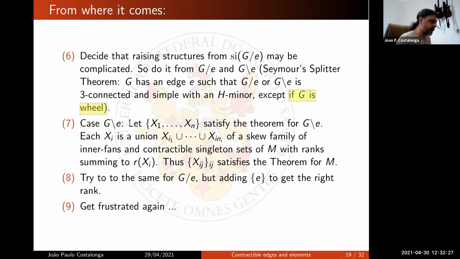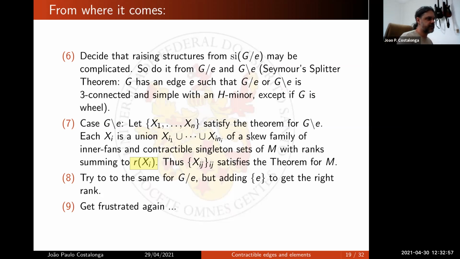And in the case that you can do it with the deletion, we pick a family satisfying the theorem for G deletion E, and each member of the family will be a union of a skew family of inner fans and contractible single edges, with rank summing to R of XY.